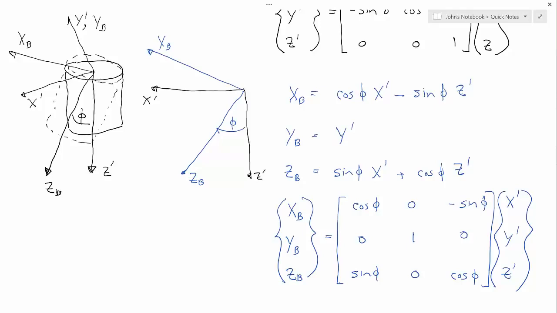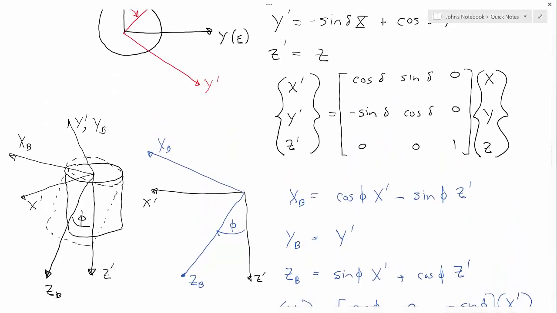And then from that, we rotated about the Y axis to get into our borehole coordinate system, okay? And that was a rotation about the Y axis by phi. And so now we have two sets of equations. We have one that takes the X primes into the boreholes, and one that takes the geographic into the X primes. But these are just equations, right?